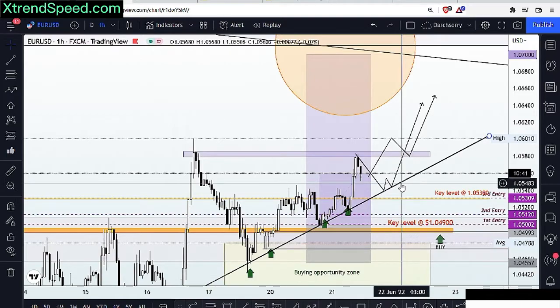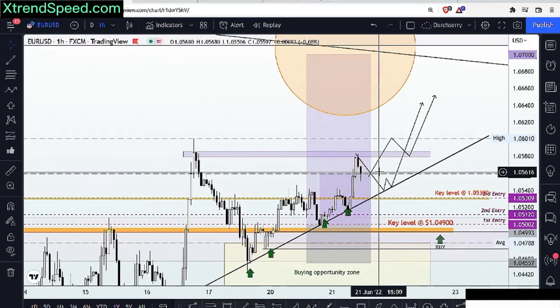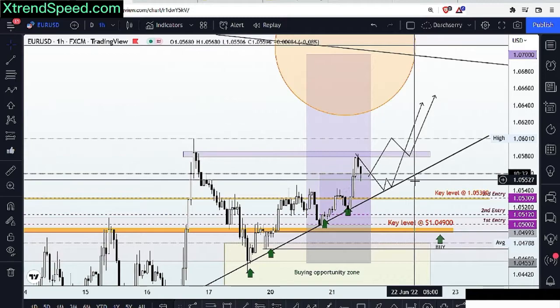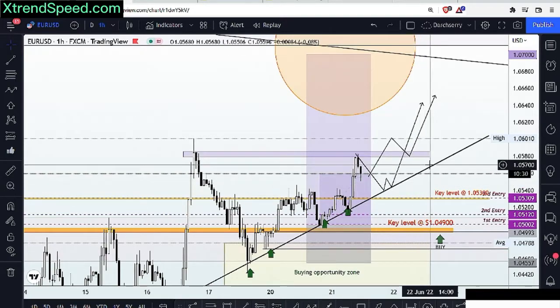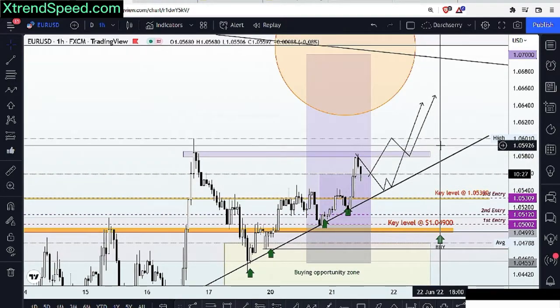I always advise that you screenshot my screen so that you can use it as a reference point whenever you are making your own individual decision. So this is what my expectations are on the Euro USD.